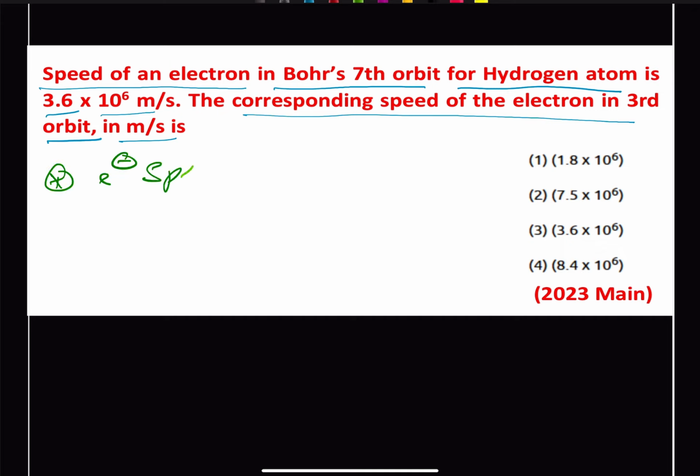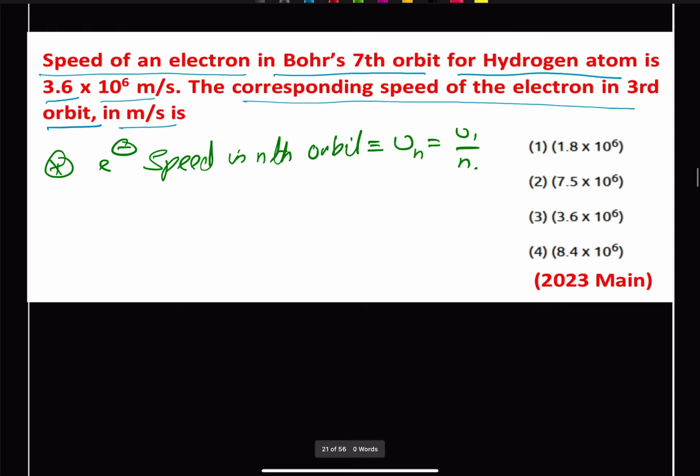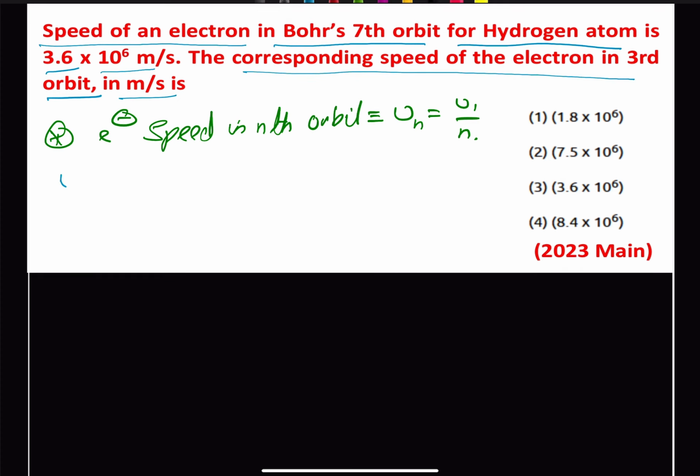We can write that the electron speed in the nth orbit, that is V of n, is equal to V of 1 upon n. Here V of 1 is the speed in the first orbit.